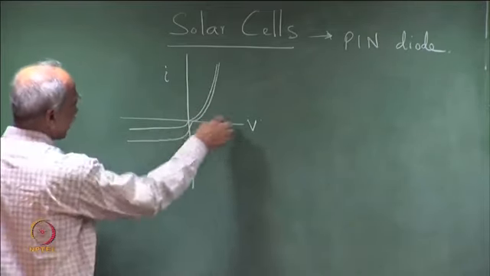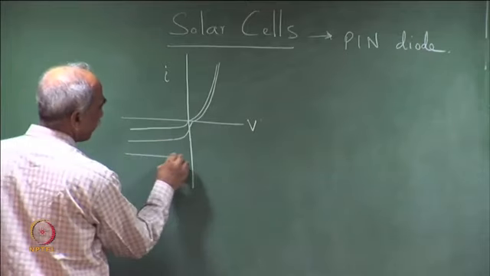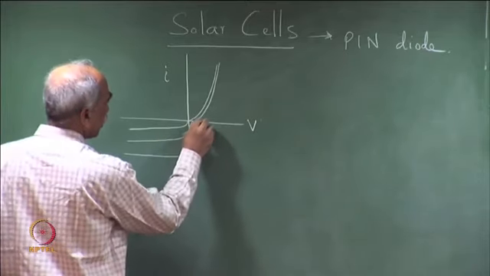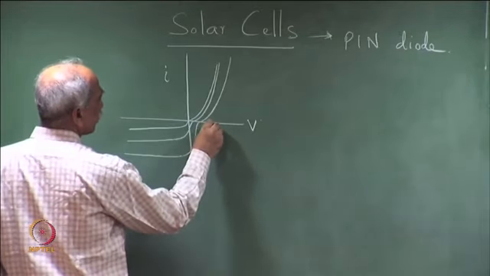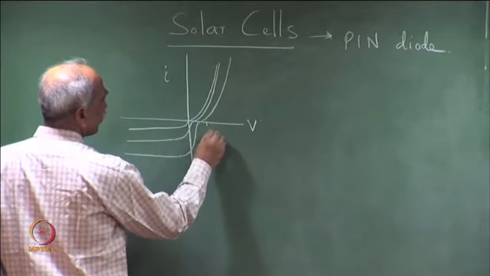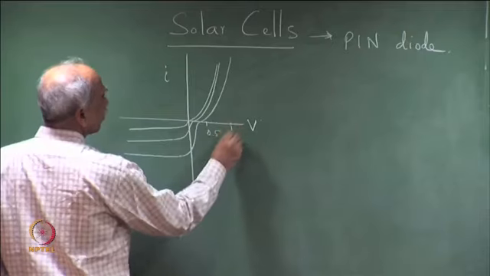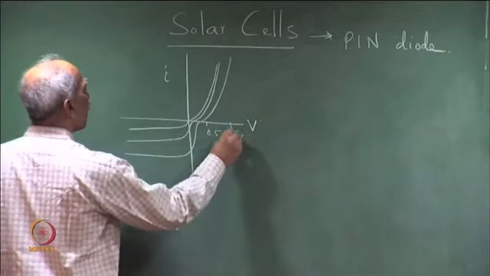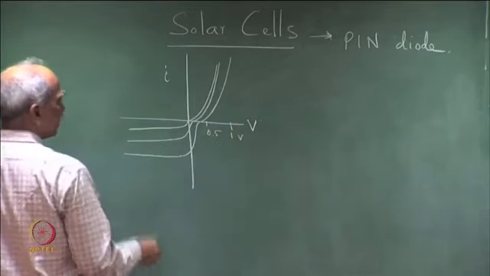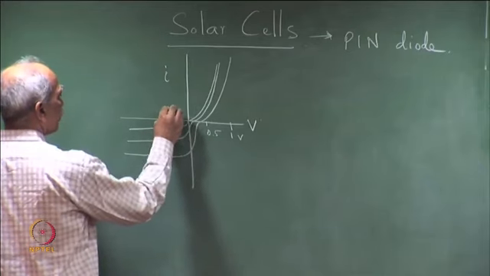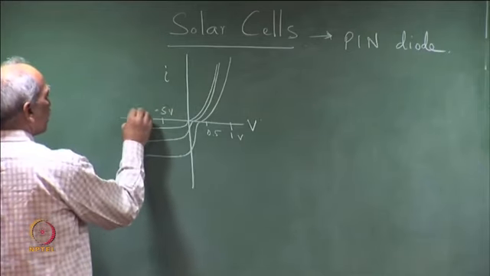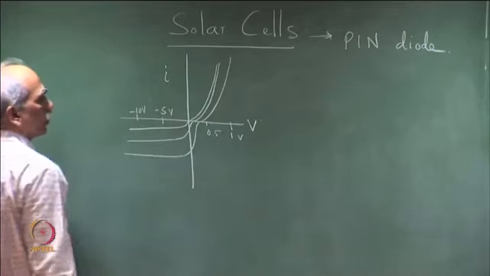The scales on the x and y axes are different. For example, here the numbers are 0.5, 1 volt, and here we are talking of -5, -10 volt, and so on.